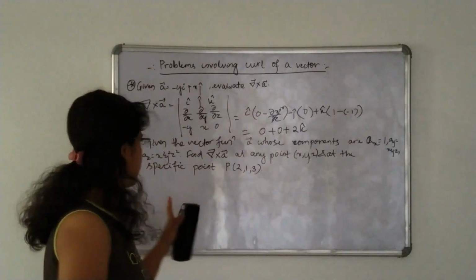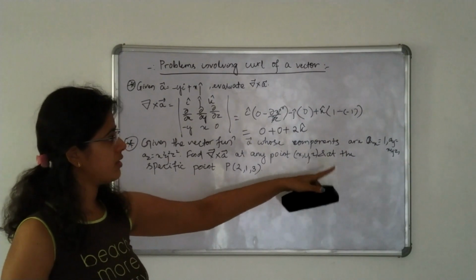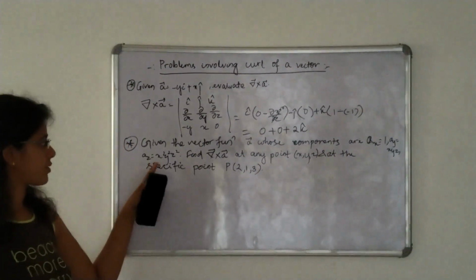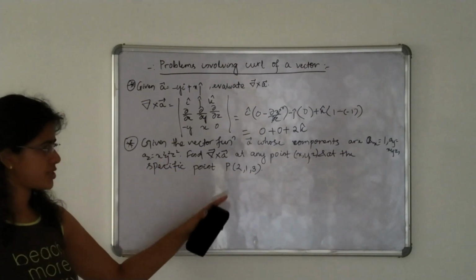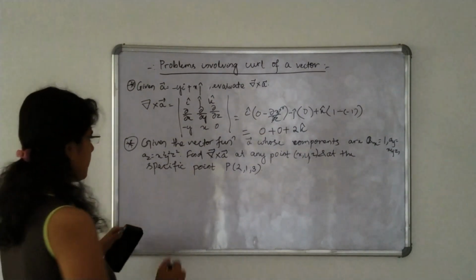So the next question is the vector function A whose components are Ax is equal to 1, Ay is equal to xyz, and Az is equal to x square y square z square. Find curl of A at any point xyz and at the specific point P of 2, 1 and 3.